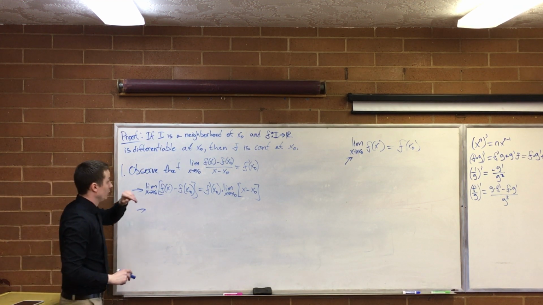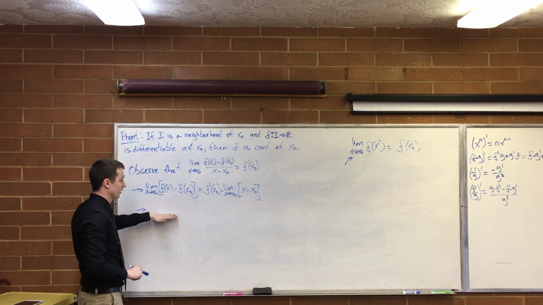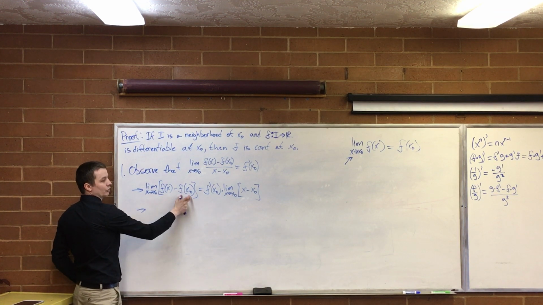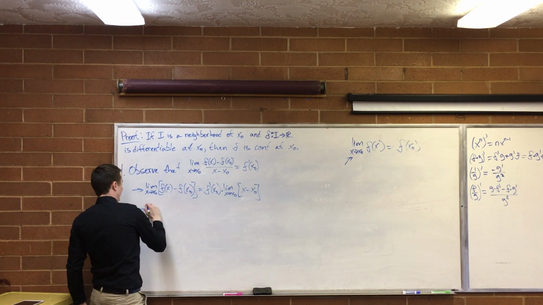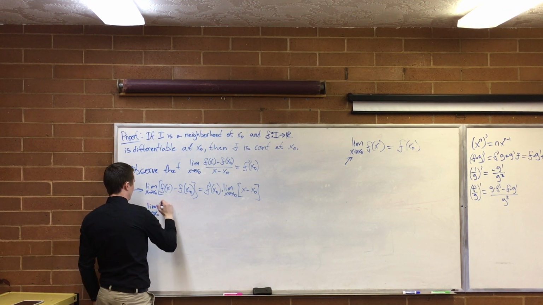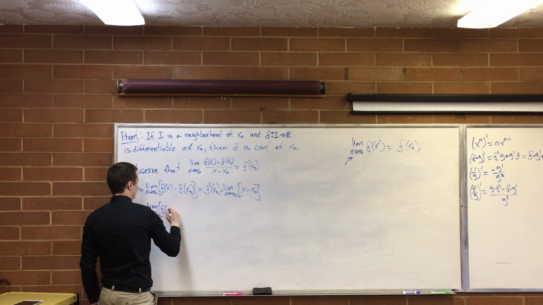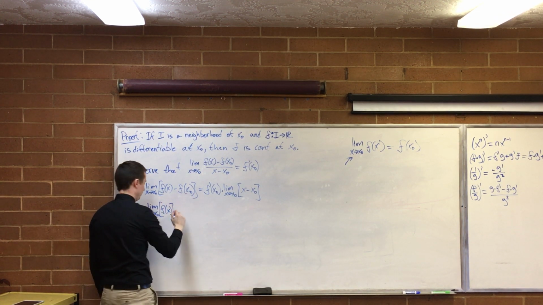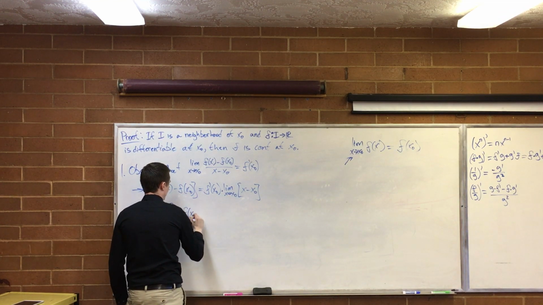Okay, so now I'm going to take the limit for this term, not for this term. So I have the limit as x approaches x naught of f of x. What's the limit of this portion? Just f of x naught. So minus f of x naught.